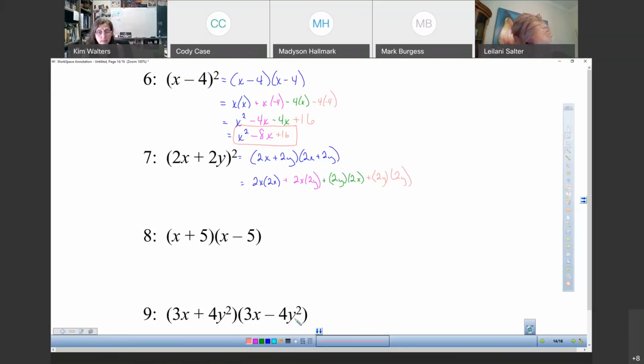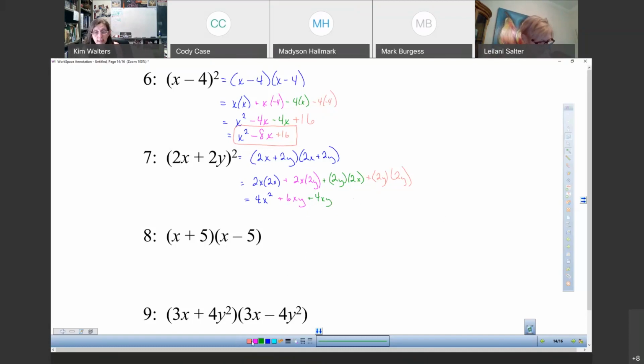Cleaning up the mess, this is going to be 4x squared. My second term is going to be plus 6xy. I can't do anything with those, so I just multiply them together. My next term is going to be 4xy. How do I know to write xy as opposed to yx? Oh, I don't. I just put them in alphabetical order because they look nicer. And then it also makes me consistent, so it's easy to see what my like terms are, because I do have two like terms there.